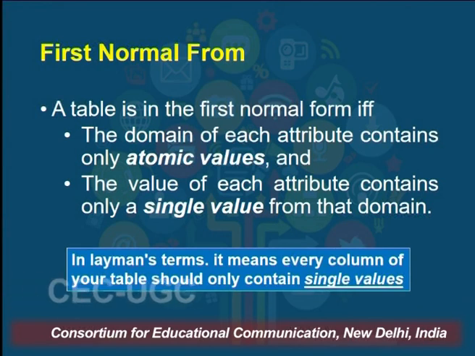The first normal form says that a table is in the first normal form if and only if the domain of each attribute contains only atomic values, and the value of each attribute contains only a single value from that domain.